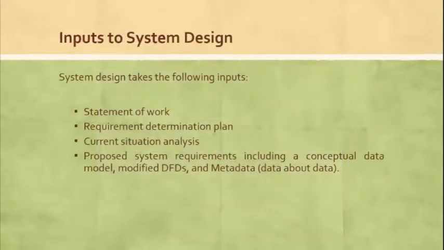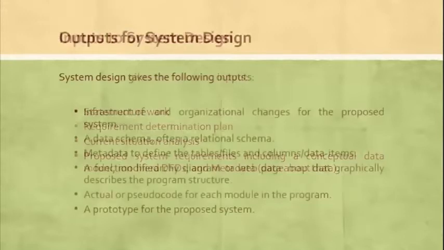System design takes the following inputs. So we have the statement of work, requirement determination plan, current situation analysis, proposed system requirements, including a conceptual data model, modified DFDs or data flow diagrams, and metadata or data about data.